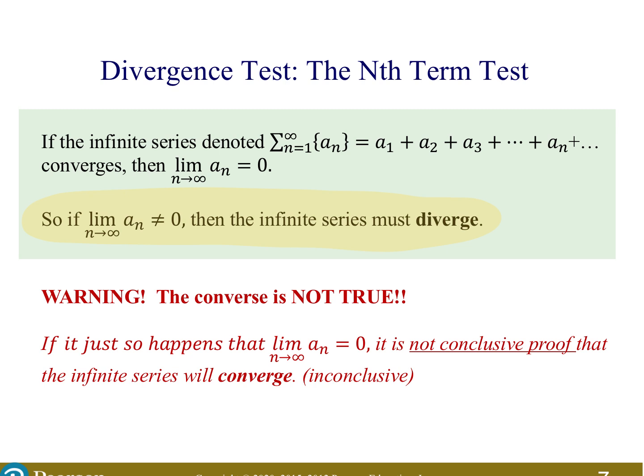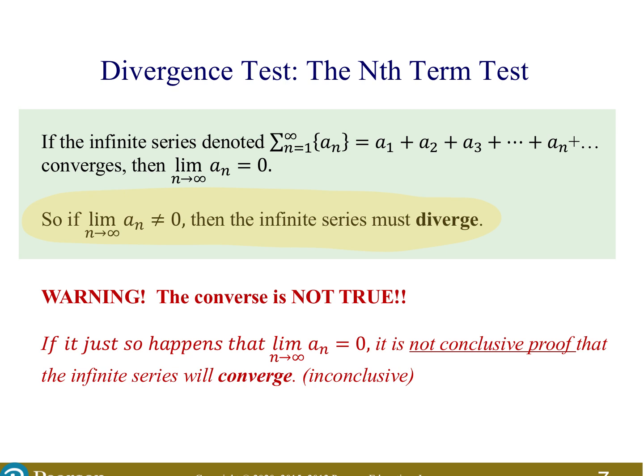But you have to be so careful that you don't assume the other part to be true. You cannot assume that if the limit of the last term is 0, it might converge, but it might not. There's no guarantee. So many students fall into the trap of thinking that the one presupposes the other, and that is not true. Only if the last term is not 0, then we have divergence.